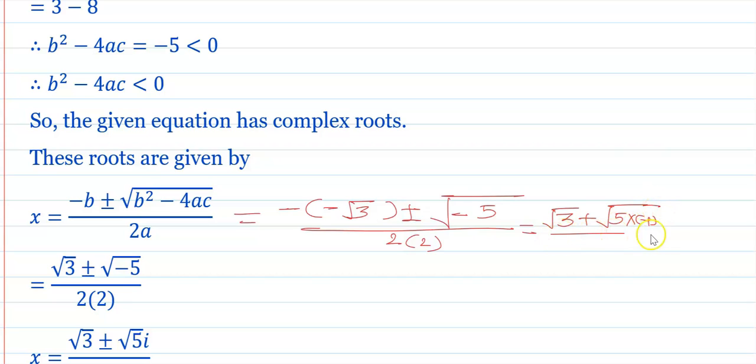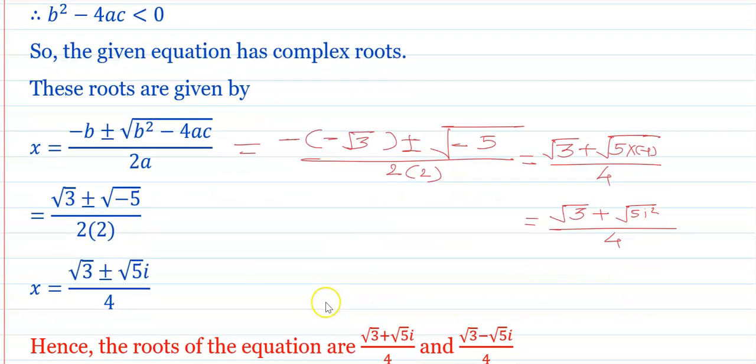And minus 1 means what? i square. I will write here. One more step. Root 3 plus or minus root of 5 i square upon 4. Root of 5 i square is square root of 5 into i.